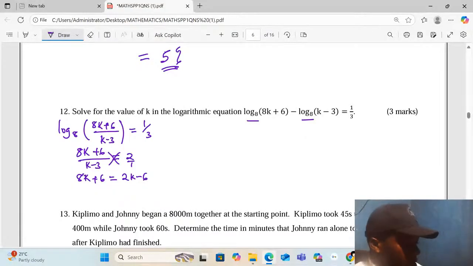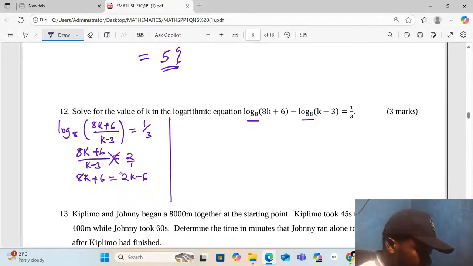Now we collect like terms, 8k and that. So we shall have 8k minus 2k, 6k equal to, now this one will move to the other side so that it becomes negative. So we shall have negative 6, negative 6, so negative 12.